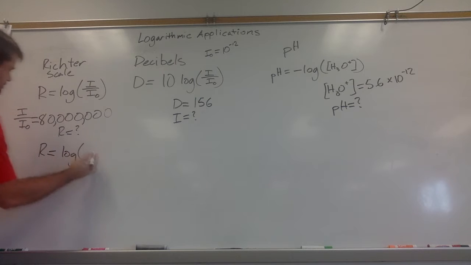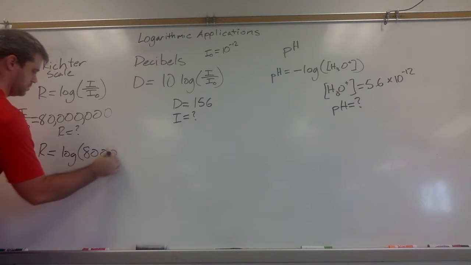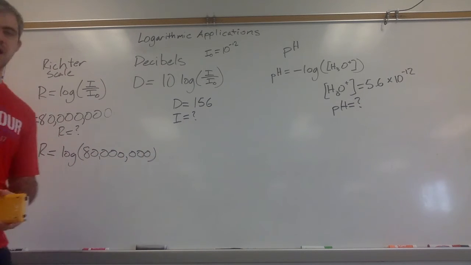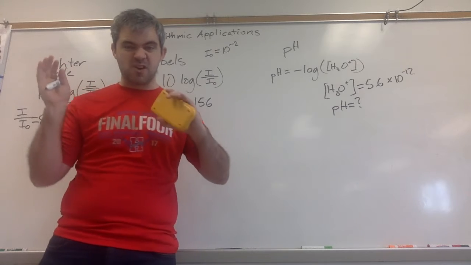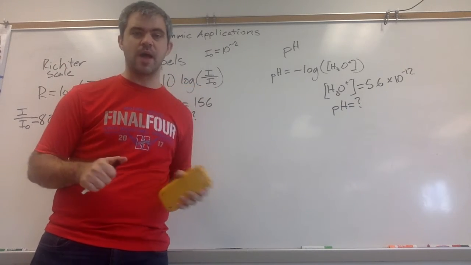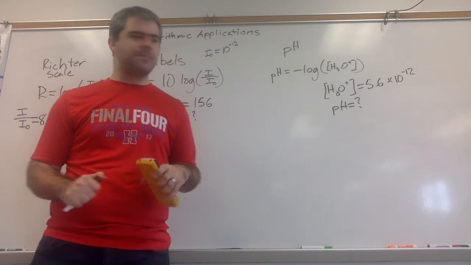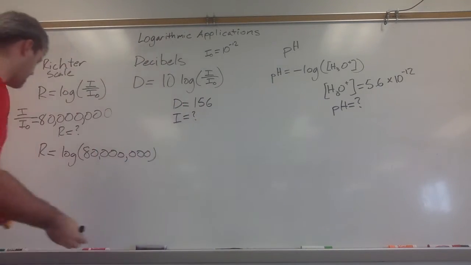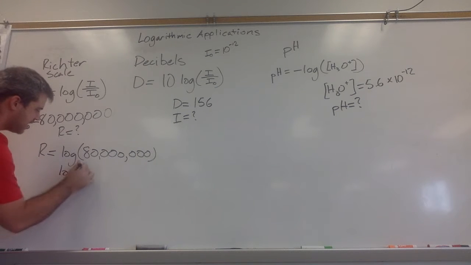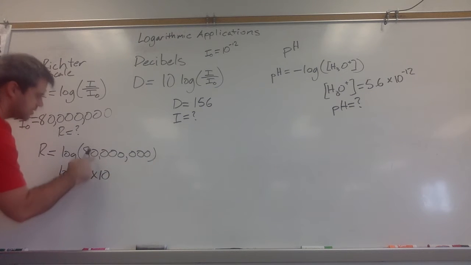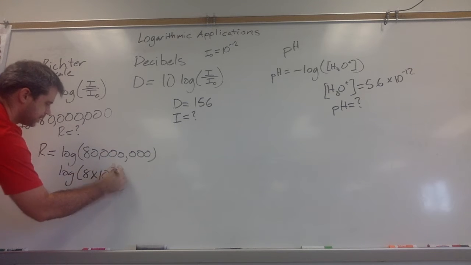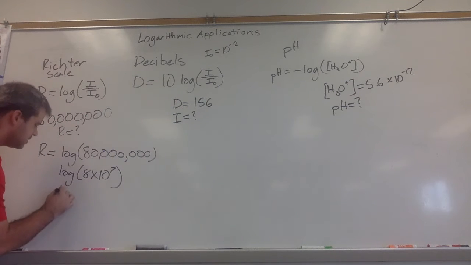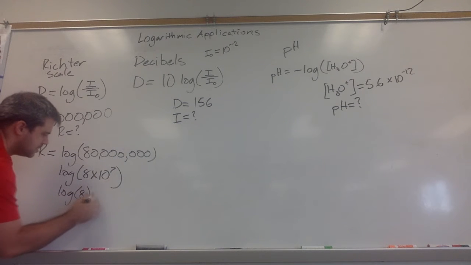Log of 80 million. Now, let me stop right here and say you can plug that right in. It's going to give you an answer right away. But I want to point something out. One of the advantages to using base 10 logarithms is if this guy right here is 8 times 10 to the 7, before I've done anything, I can say this.